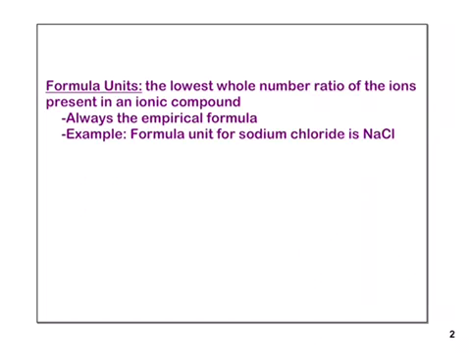So we refer to an ionic compound, or one piece or one part of an ionic compound, as a formula unit. This is the lowest whole number ratio of the ions present in the ionic compound. This will always be the empirical formula, like we talked about from chapter 7.